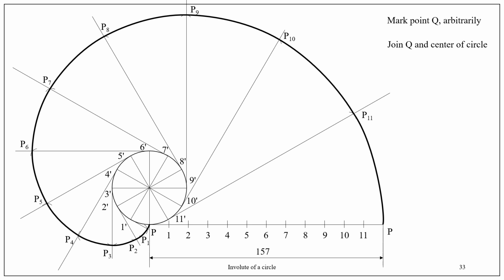Now we need to draw the tangent and normal. For that, mark point Q arbitrarily, that is random position.